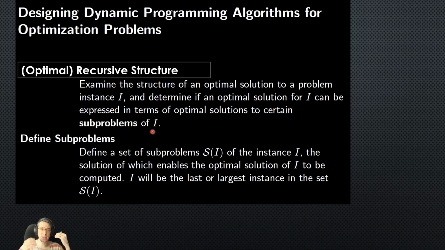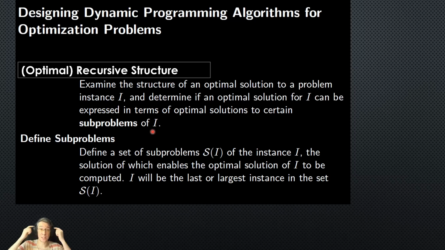So just like in divide and conquer, where you try to come up with subproblems whose solutions can be combined into a solution to the whole problem, you're going to do the same thing in dynamic programming. And we need to know that there's an optimal substructure. So an optimal solution to my problem necessarily can be composed of optimal solutions to subproblems.